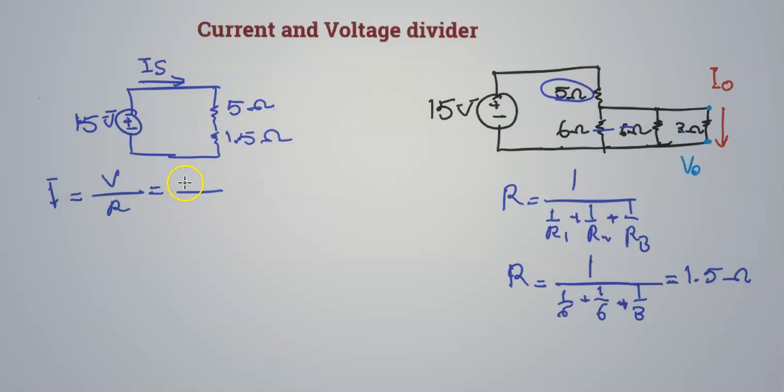In our case, it is 15 volts for the voltage source, and these two are added together: 5 plus 1.5 is 6.5, and we will get 2.31 ampere. I rounded to two decimal places.